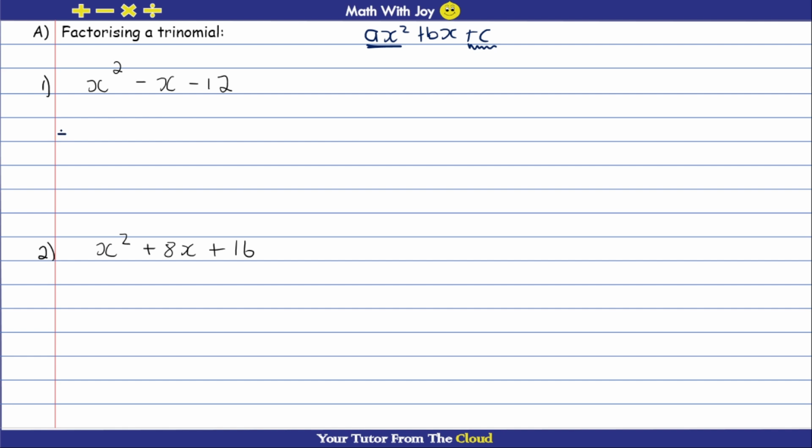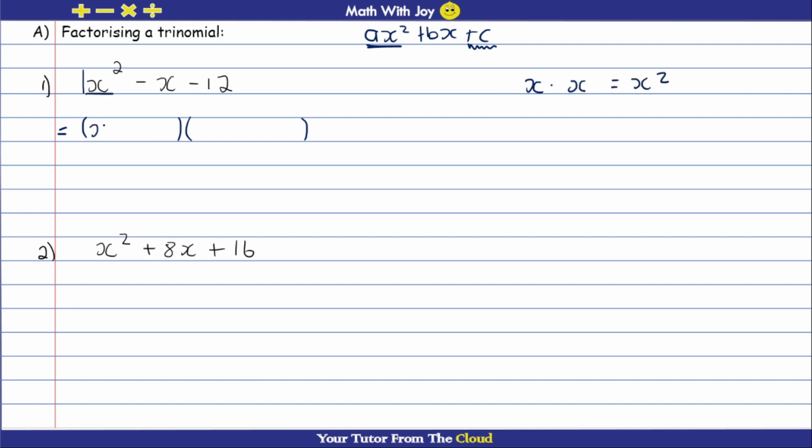Now, if the first term, or the term with the x squared, has a coefficient of 1, then we can use the shortcut in order to factorize. We can say open up two brackets, take the factors of x squared. Factors mean numbers or things that can multiply to give you x squared. So we know x times x can give us x squared.